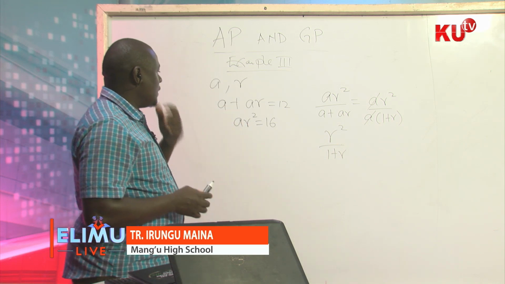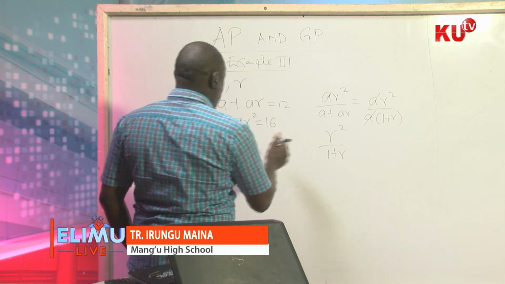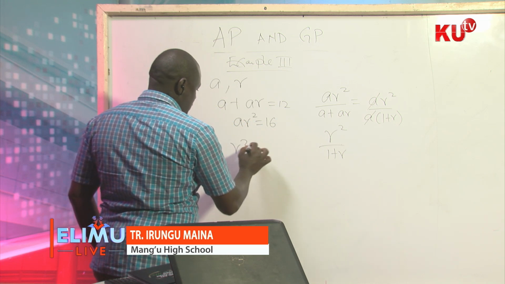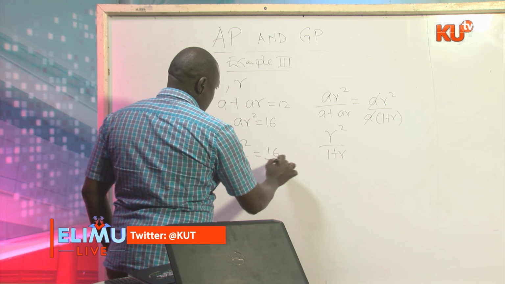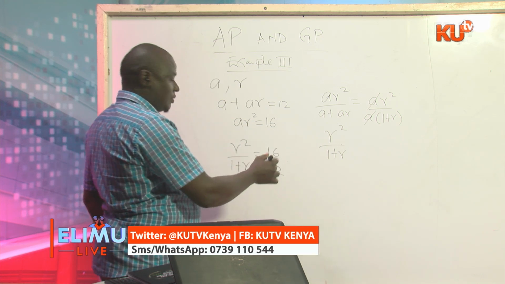We can come back here and say that this over that, because this is what we had, R squared over 1 plus R equals 16 over 12. We cross multiply.